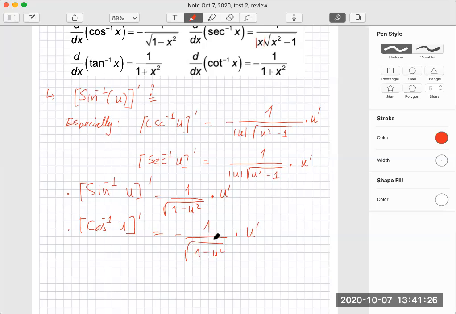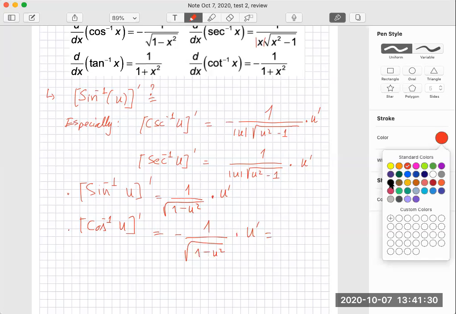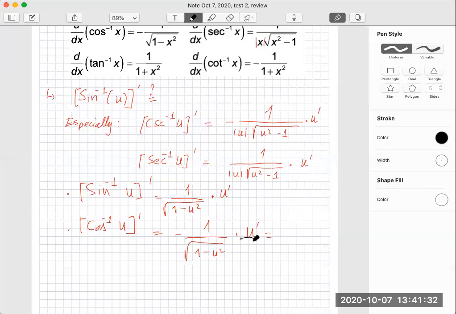You can write it this way, or imagine u prime is similar to u prime divided by 1, right? The product of two fractions. And the negative sign, you can think of as a negative 1 multiplied with all things. And you can write it as negative u prime divided by 1 minus u squared. Same thing. Okay?